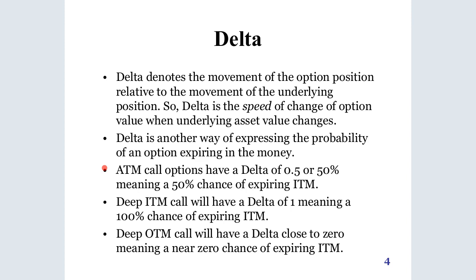Realize that if you are an option writer and the option expires in the money, you will have to pay up. So if I can find out the probability of the option expiring in the money, I can potentially take protective measures to ensure that I have protected myself against a possible payout.